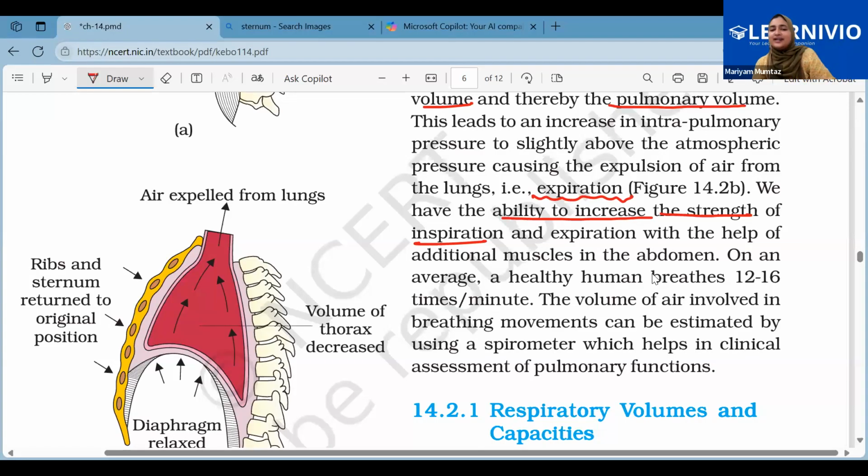They don't even need to do meditation. We only need to do meditation. So we can increase the duration and the strength of inspiration with the help of additional muscles present in the abdomen, meaning our stomach muscles. You can see that if you take a deep breath in, the stomach goes in, the stomach goes flat.